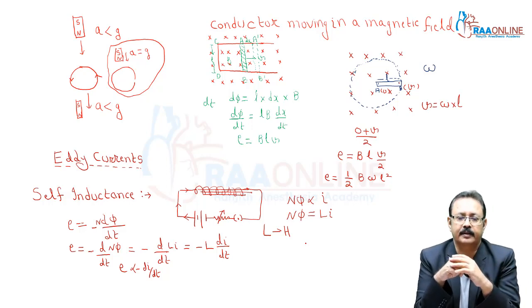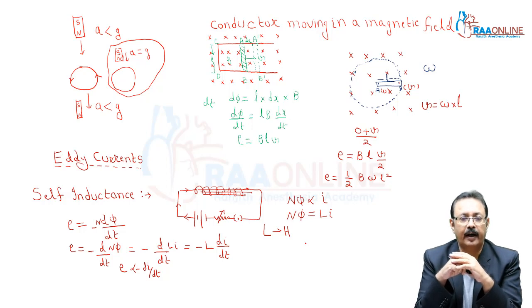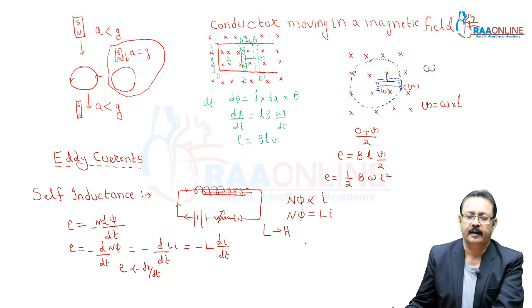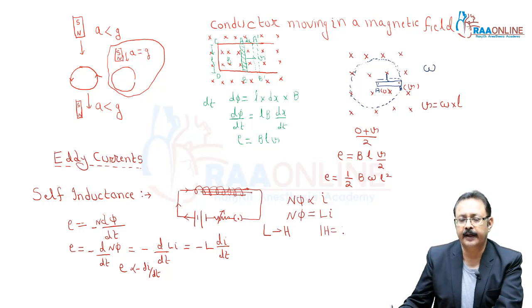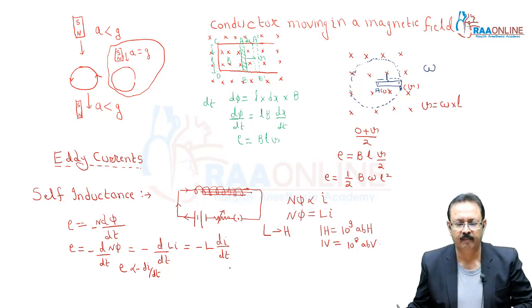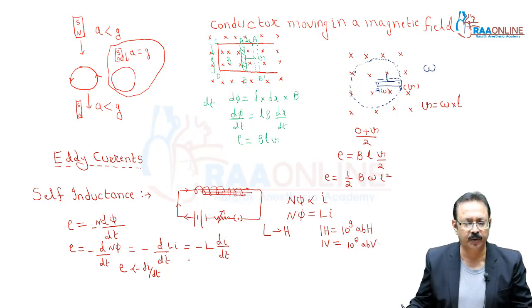Ab Henry is the CGS unit of inductance, and 1 Henry is equal to 10 to the power 9 ab Henry. And remember, 1 volt is equal to 10 to the power 8 ab volt. So getting my point?